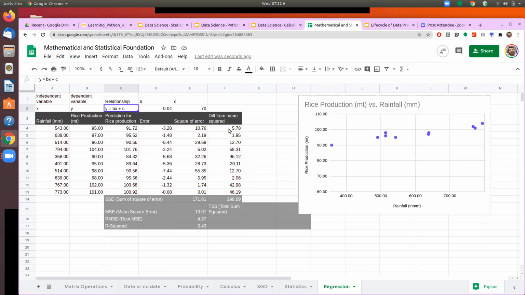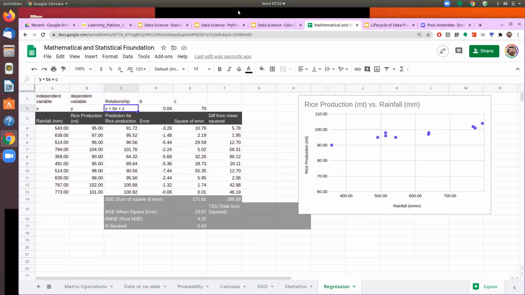So if I try to draw a graph of this one, it says that when x is equal to 0, my y would be 70, because x is 0, so this value b into x will become 0, and then y is equal to c.